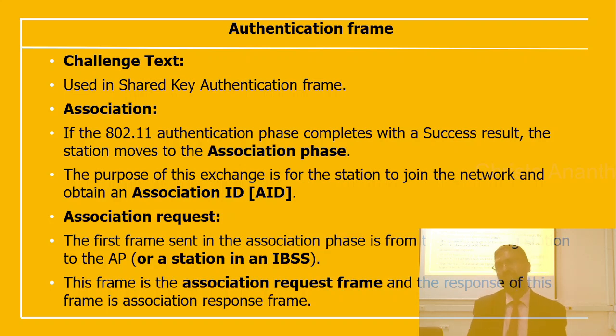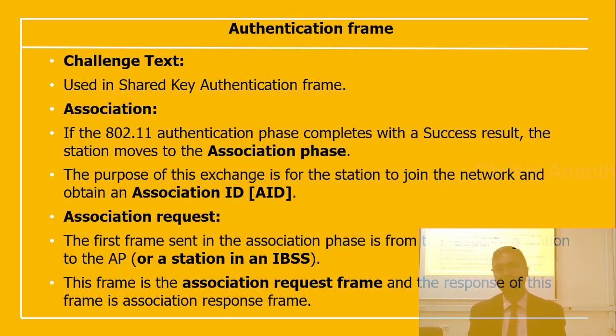Then association. If the IEEE 802.11 authentication frame completes with a success result, the station moves to association. The connection has been established, then we move to association. The purpose of this exchange is for the station to join the network and obtain the association ID.